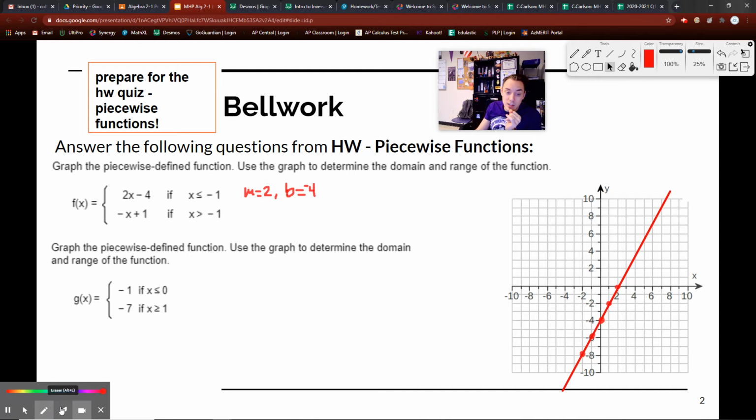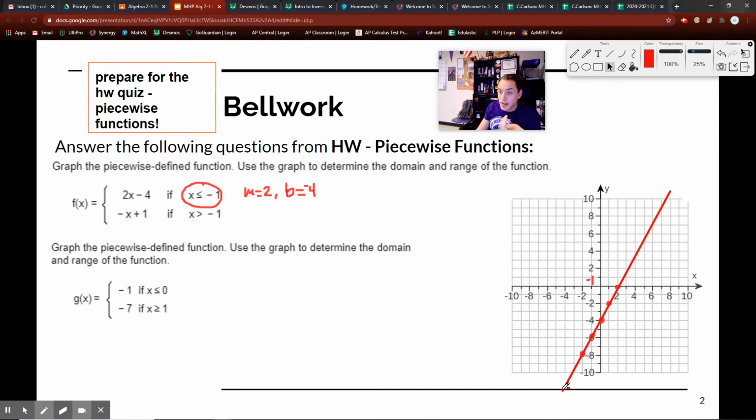Okay? That's the issue. Since it's restricted, where's it restricted at? It's restricted right here. So x cannot be greater than negative 1. It has to be less than negative 1. X is less than negative 1, which means right here is where negative 1 is at. So that means my graph goes from here down.